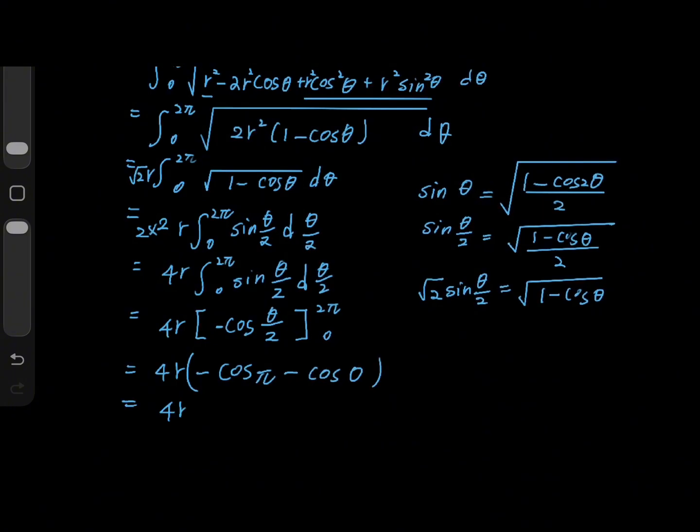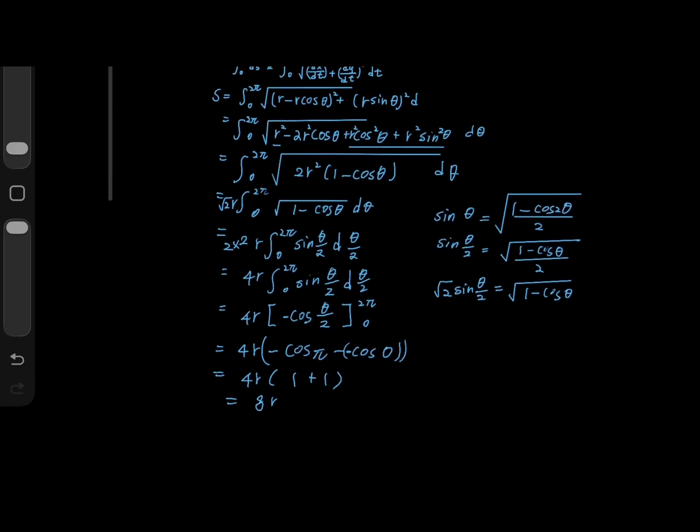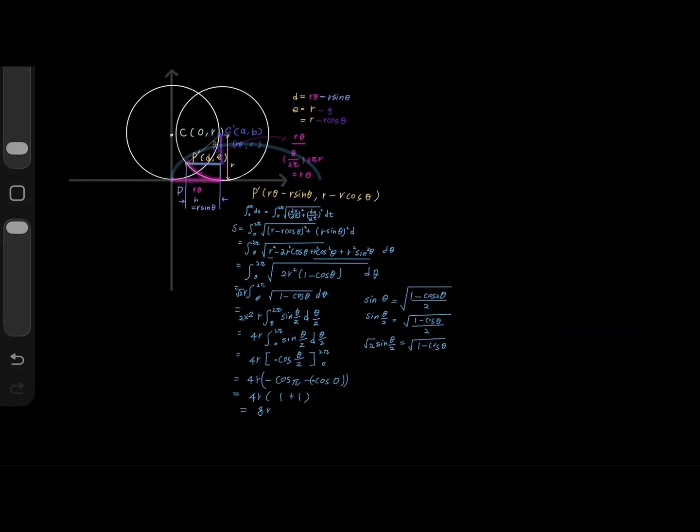This one will be 1, and this one will be, oh sorry, here also have minus. So plus 1, which will be 4, no, sorry, 8 times R. Okay, so this is how you calculate the length of the cycloid.